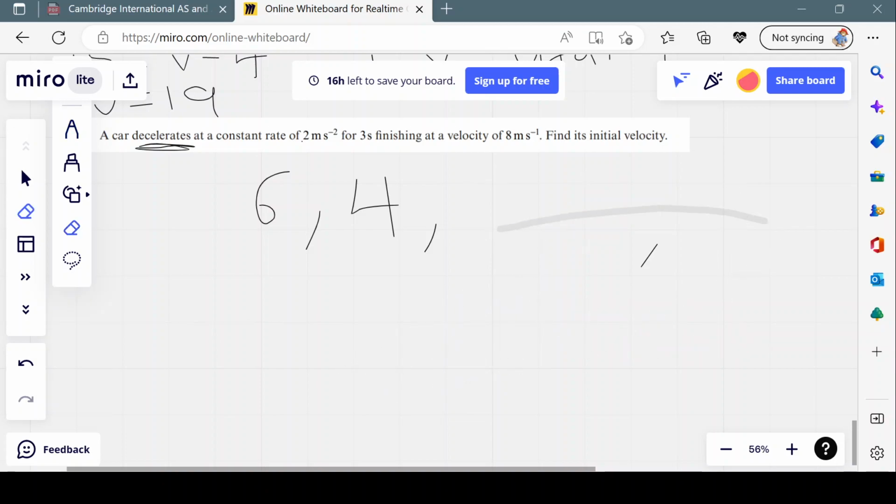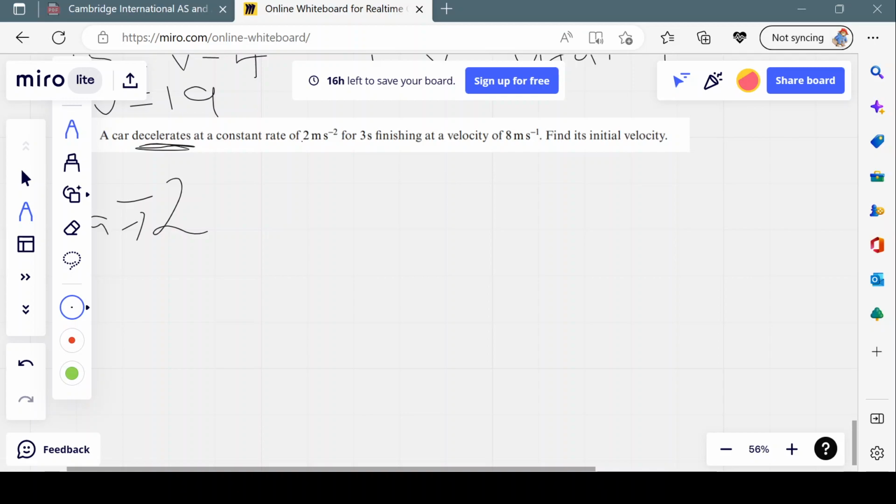So let's work on this question here. A car decelerates at a constant rate of 2. So we're going to say it has an acceleration of -2. And the time taken is 3, and the final velocity is 8. So let's put this all in our formula.